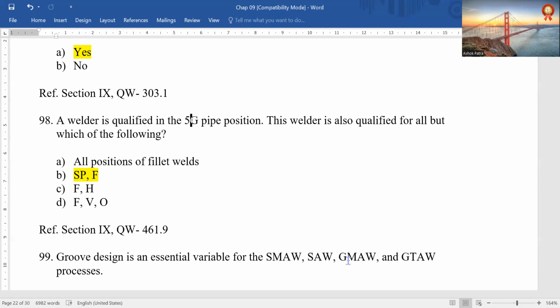No, he cannot weld the H position. Horizontal position. It means the 2G position is pending.